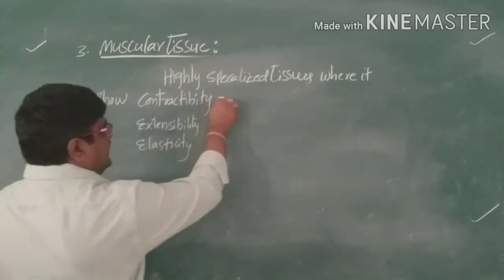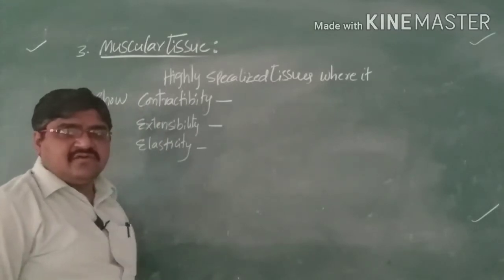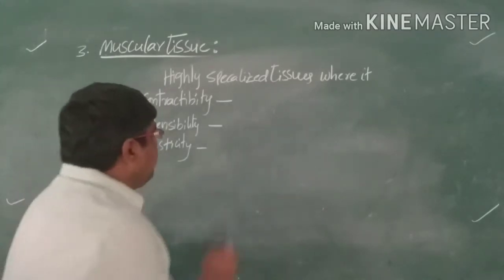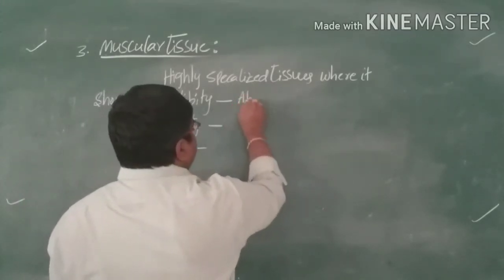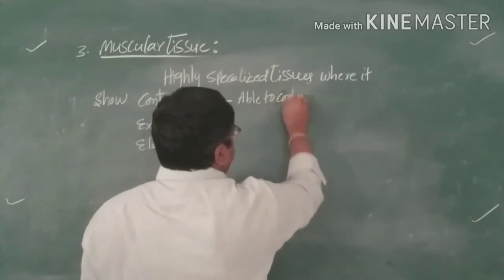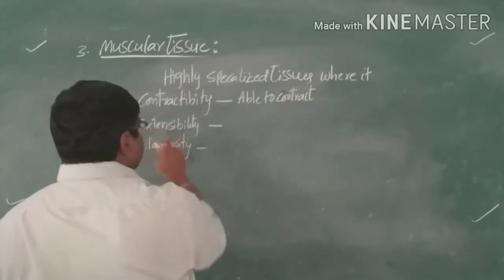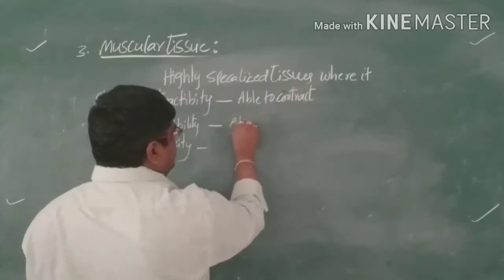These are the three natures which take place by the muscle fibers. One is contractibility, the ability to contract. Extensibility is the ability to stretch.